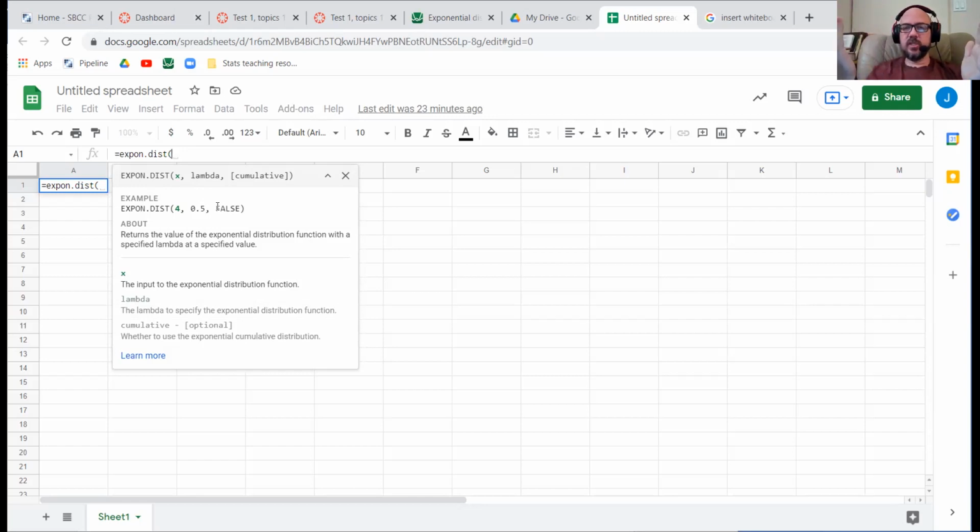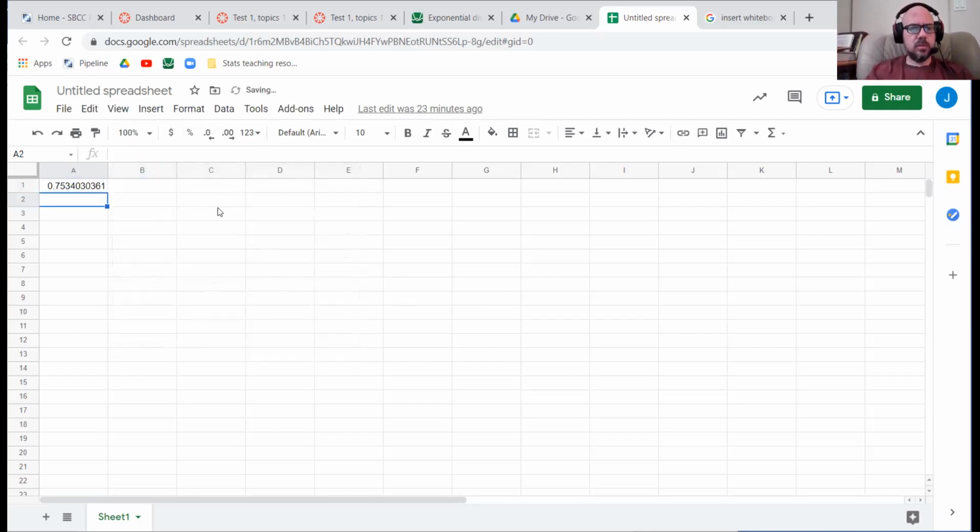So for us, let's see the probability that it was less than 7 for part B. So we have x is 7. That's our k. Lambda was 0.2, and cumulative we want true. And we get 0.7534, exactly like we said.